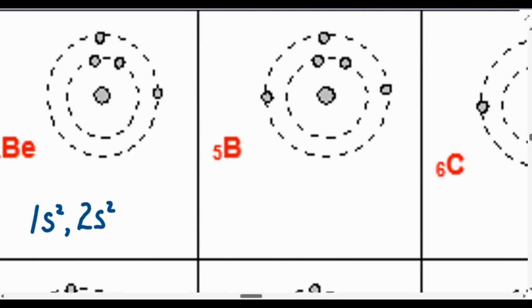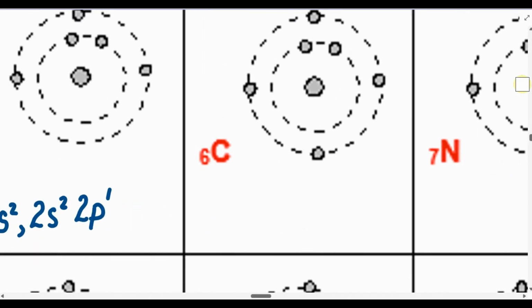What would be the electron configuration for boron? We'd say 1s2, 2s2, 2p1. 3 electrons in that second shell.